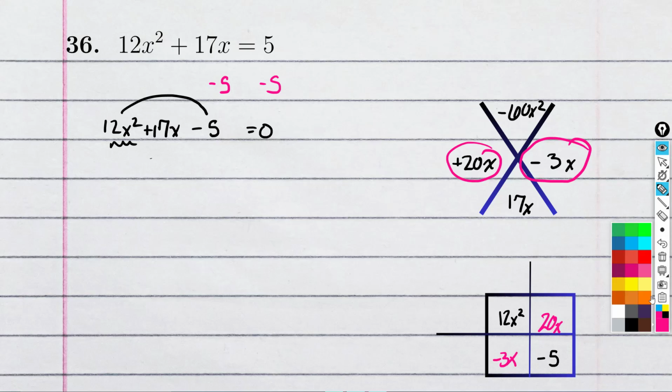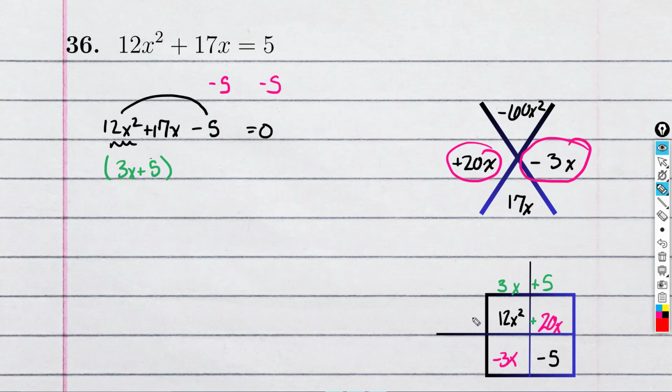So now let's factor out our column. 12 and 3 are both divisible by 3, and there's an x in both, so 3x. 20 and 5 are both divisible by 5, and the closest sign is positive, so it's a positive 5. So my first factor is 3x plus 5. So now let's do our rows.